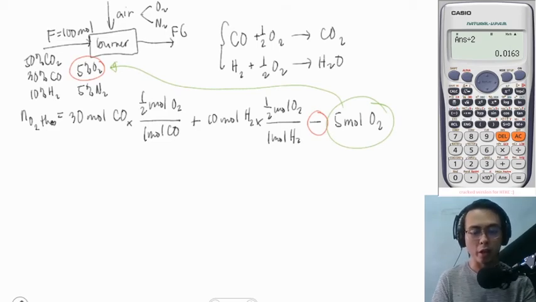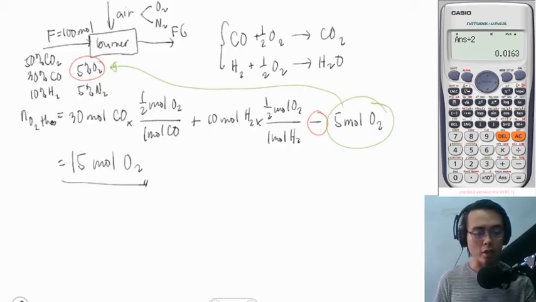And this is very different from the oxygen from the air. That's why we are subtracting it. Okay? So let's solve this. We have 30 divided by 2 is 15 plus 5 minus 5, that is 15. So our O2 Theo is 15 moles of O2.